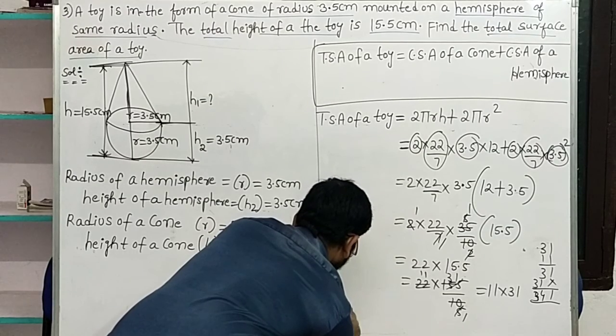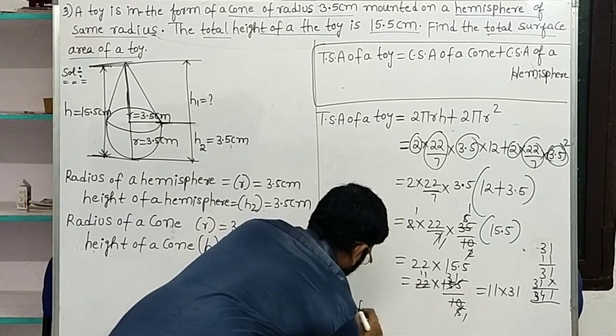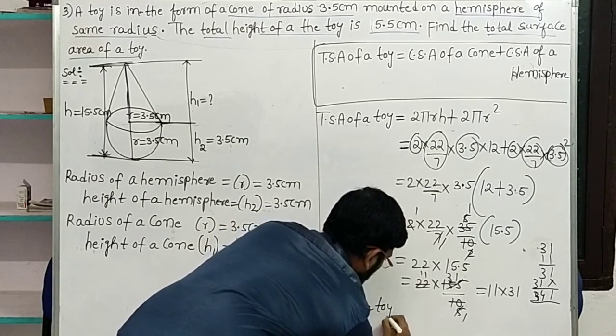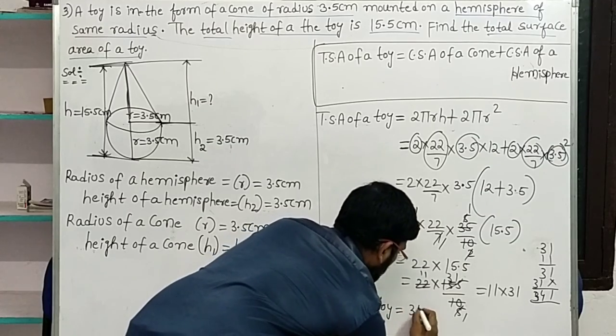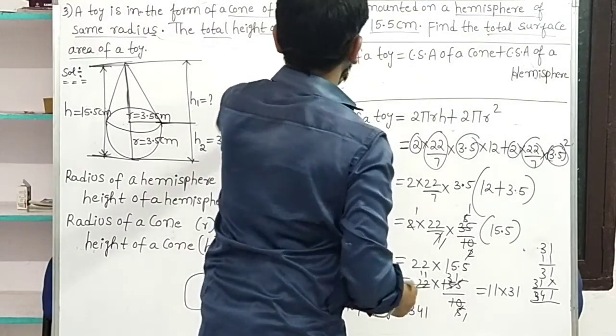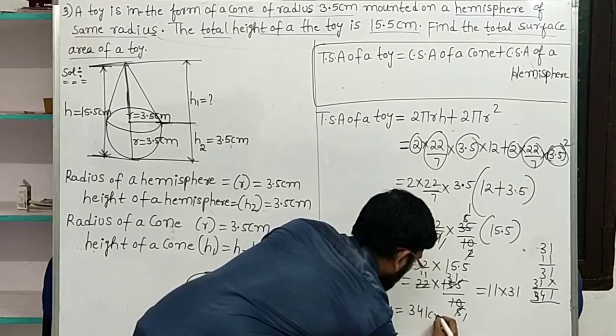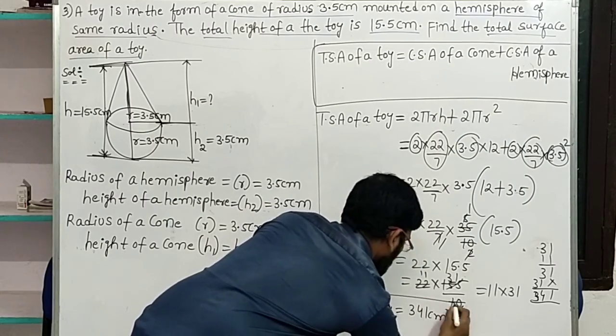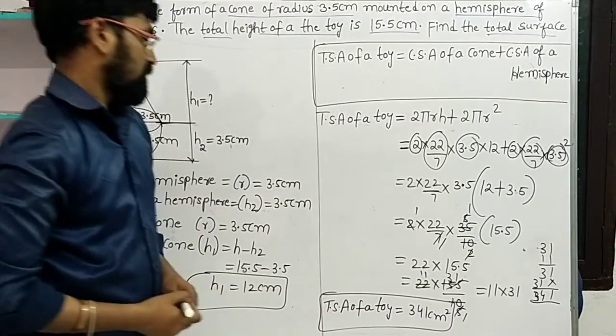Therefore the TSA of the toy equals 341 centimeters squared. Okay, take this.